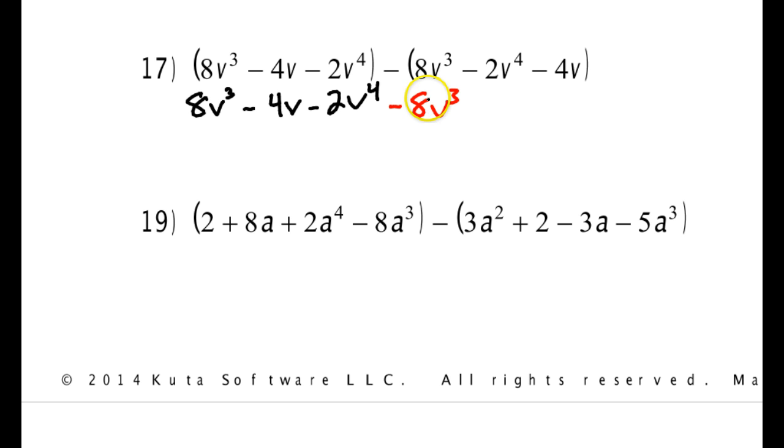So we have minus 8b to the third, don't forget to distribute, plus 2b to the fourth, plus 4b. Go ahead, and since you guys don't have colors, only you have pencils there, you can do different types of underline.